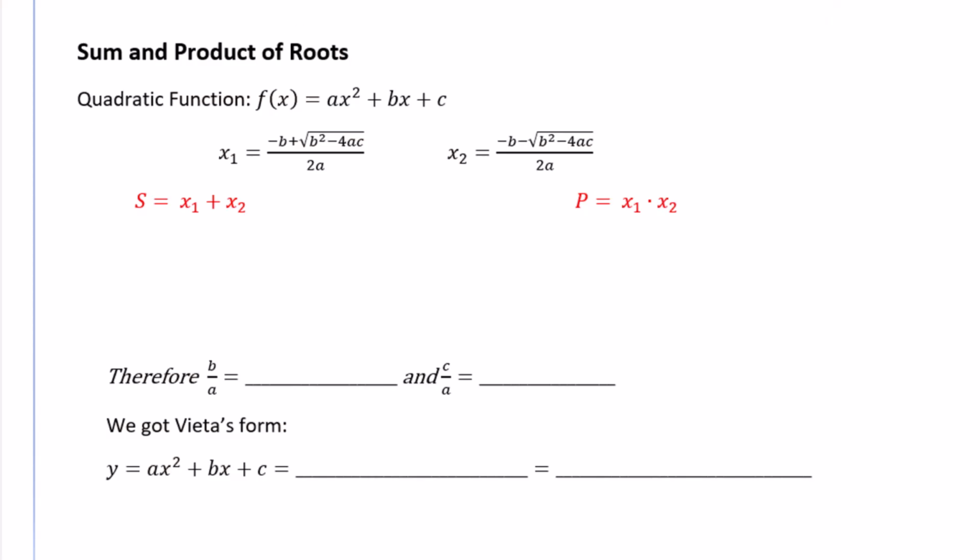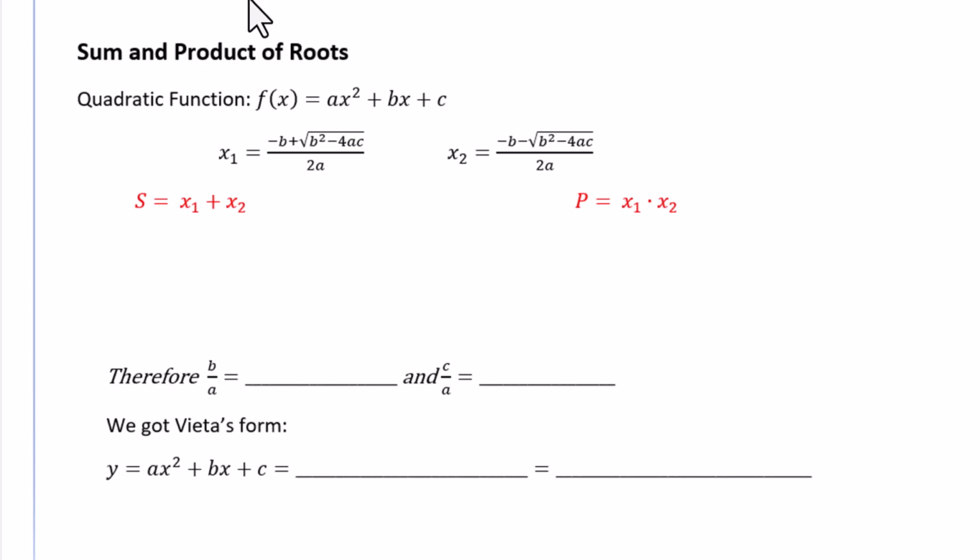This video is about sum and product of roots in quadratic function. For quadratic function, f of x equals ax squared plus bx plus c, we know there are two roots.